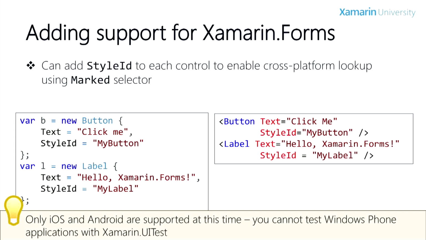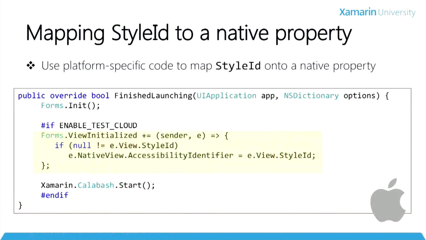So let's look at how we map this logical property onto something that the marked method will look at. This will be a platform-specific bit of code, and we'll need to add this into each one of our platform-specific projects. Now, on both platforms, we can hook into the static Forms.ViewInitialized event, which is raised each time a visual element is created. On iOS, we'll want to do this as part of the app initialization, so we'll put this in FinishedLaunching.